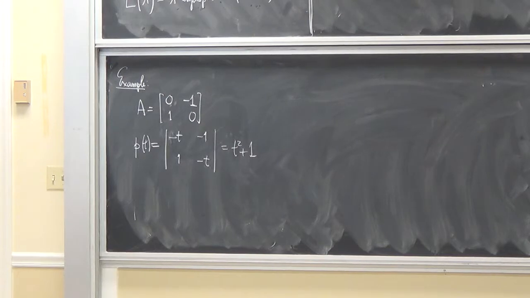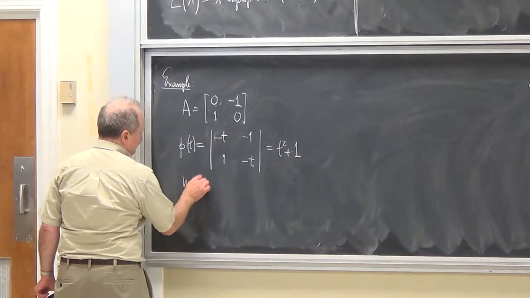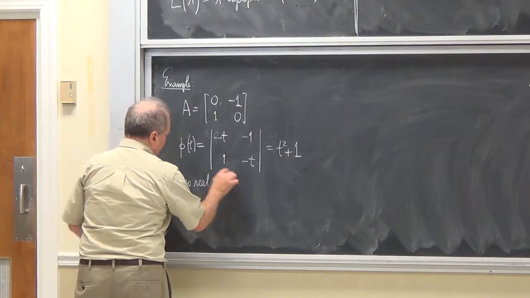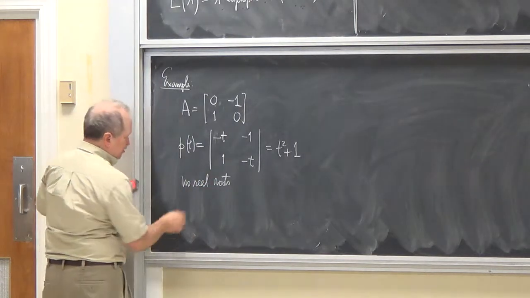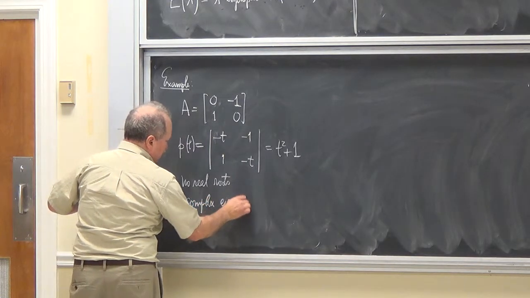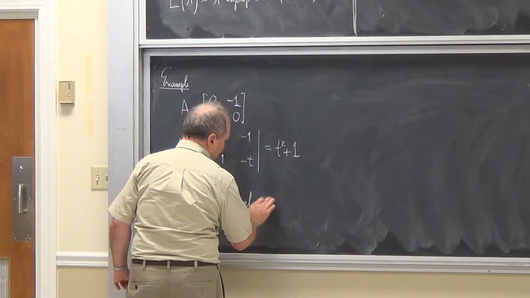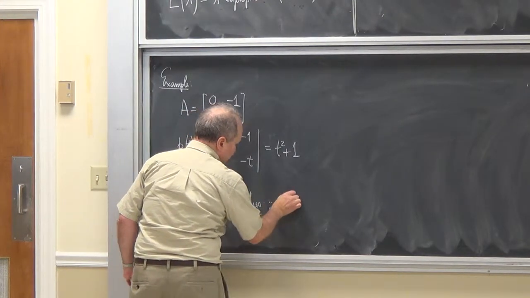No real roots, so complex. What are the complex roots? Plus or minus i. These are called the complex eigenvalues, and they are plus or minus i.